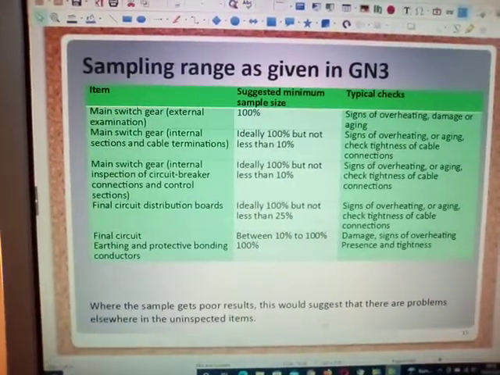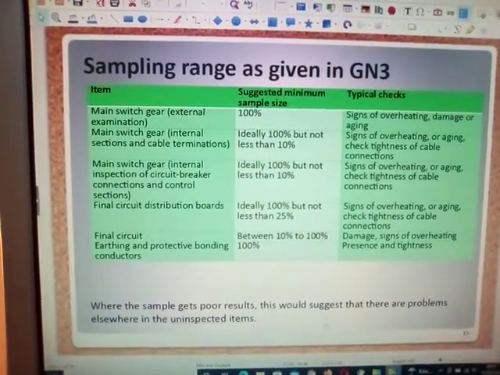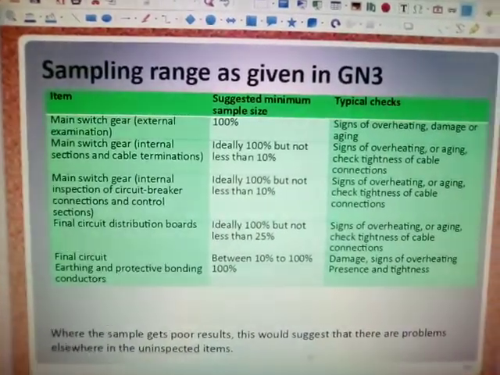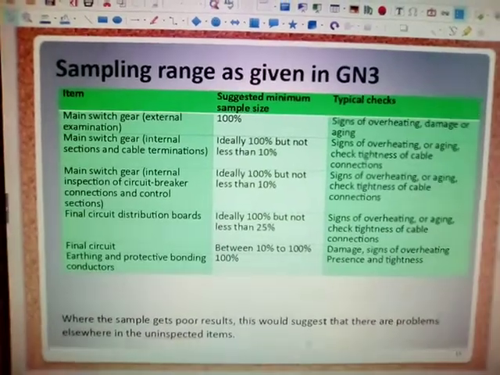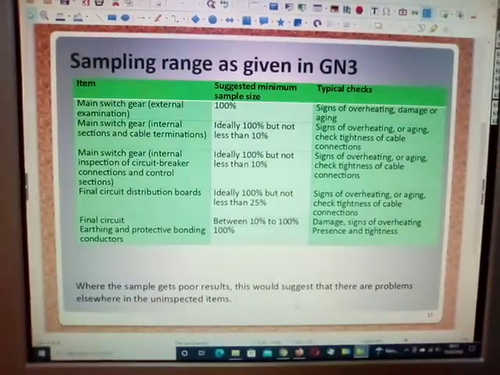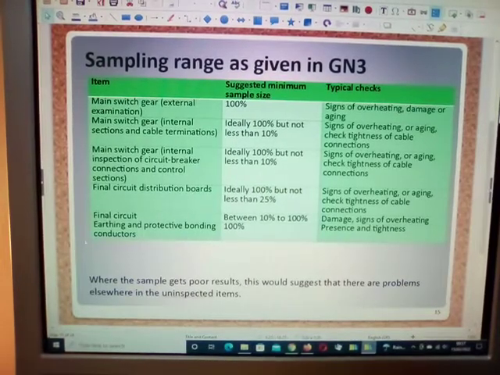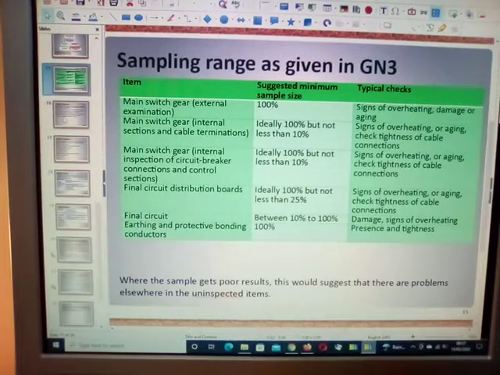Again, be aware, this simply provides you with information as to what you should be doing and how it should be done. And it is your responsibility to refer to the IET regs. I don't need to read this out to you. This is for you to be doing for yourselves and making yourself familiar with each stage.